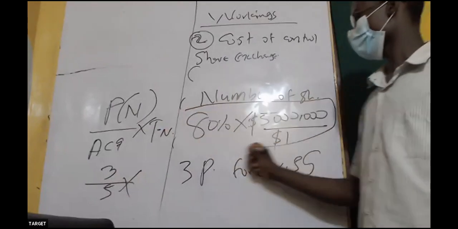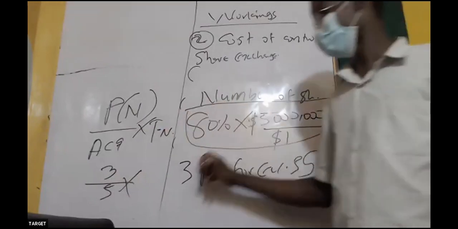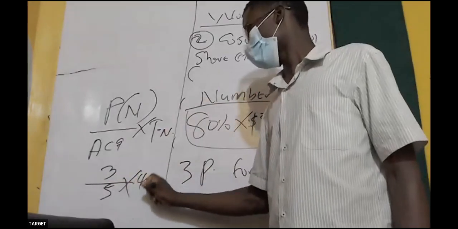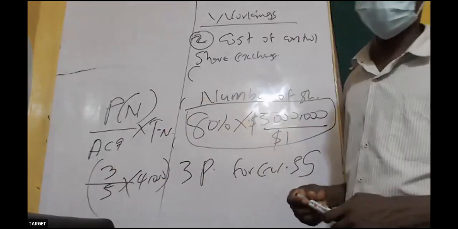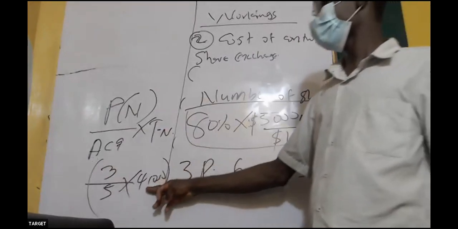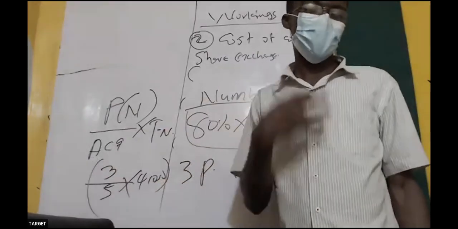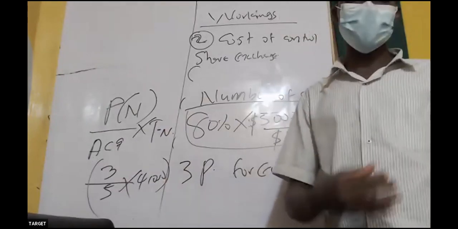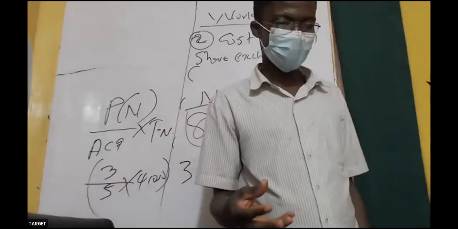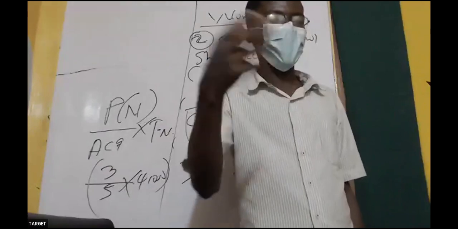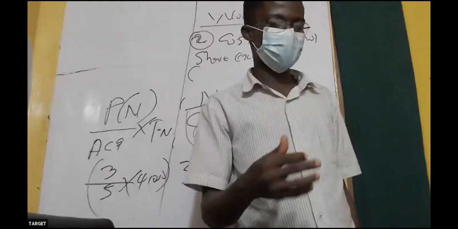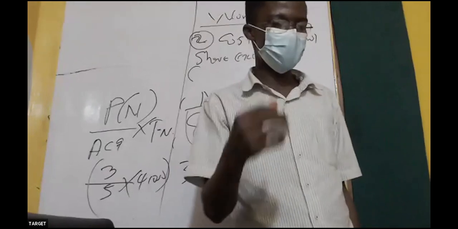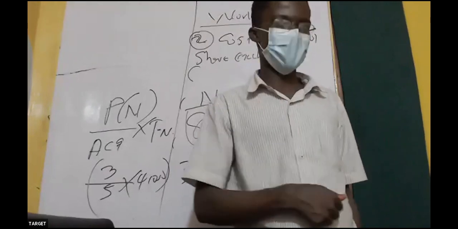Total number of shares is 4 million, right? So times the 4,000, that will give us the number of shares given out as exchange. Then you multiply this by the share price of the parent. Please don't multiply by the share price of the subsidiary. These shares are not given out by the subsidiary. It is the parent that's giving out the shares. So pick the parent share price and multiply.